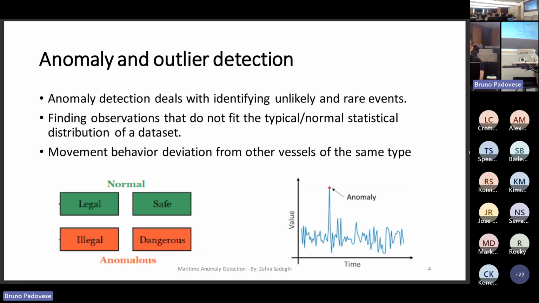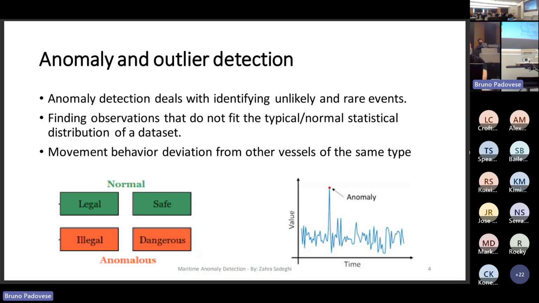The main objective here is to classify the data into two groups: normal and abnormal, or anomalous. Normal data are a sign of a situation which is safe and legal, whereas the anomalous data correspond to situations which are dangerous and illegal.